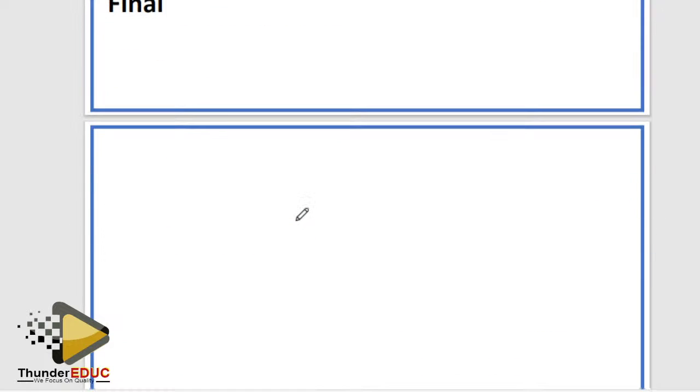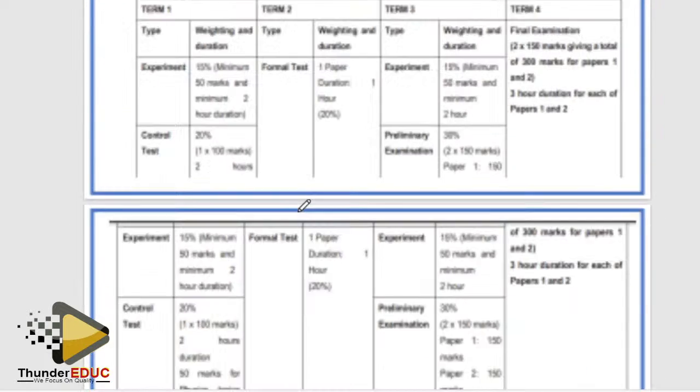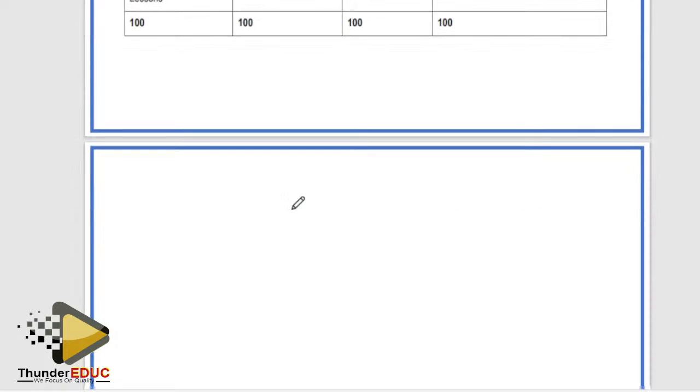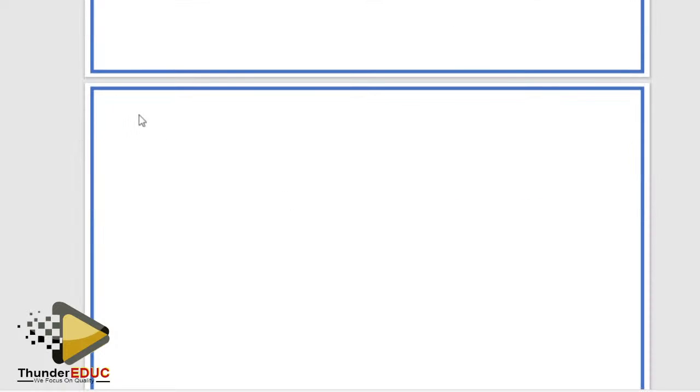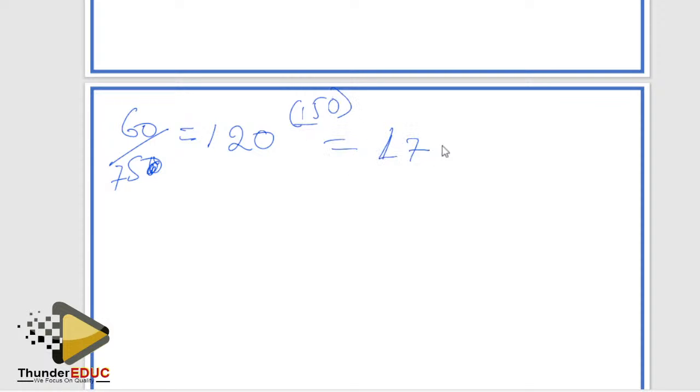So in other words, let me use this. I will need 60 out of 75, which is equivalent to 120 if the paper is out of 150, for me to get a distinction, a level 7.